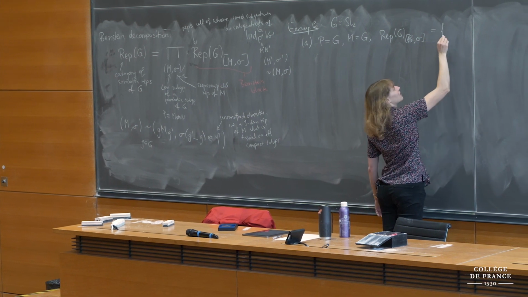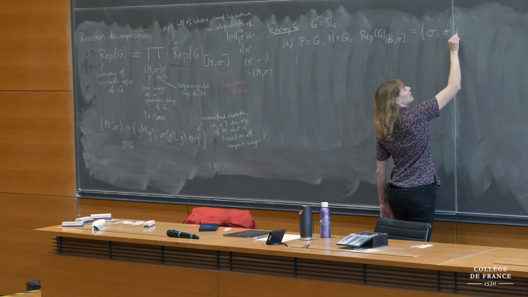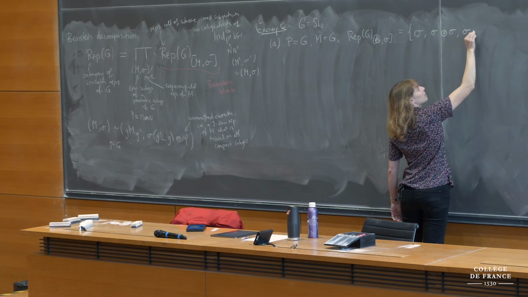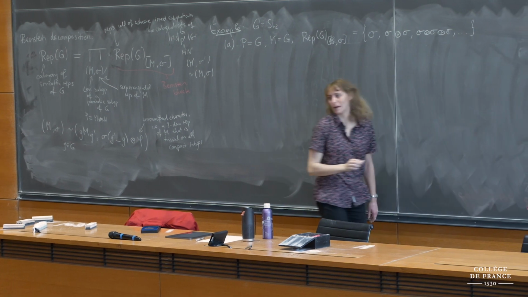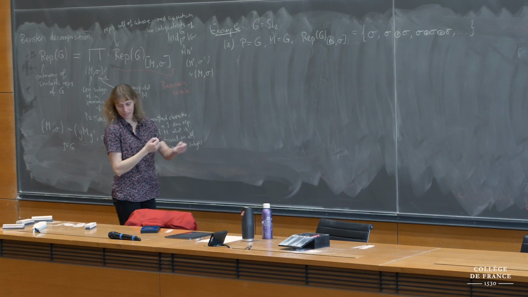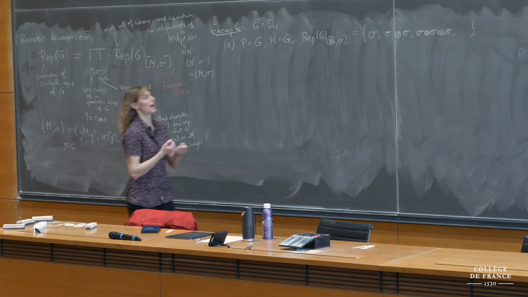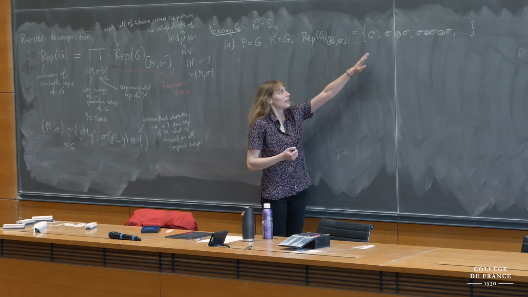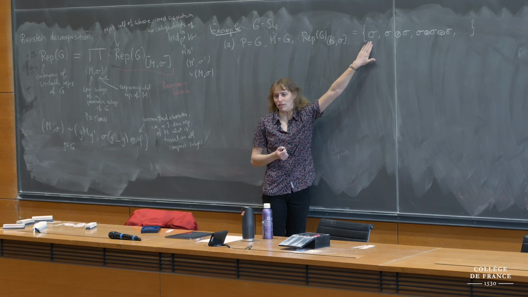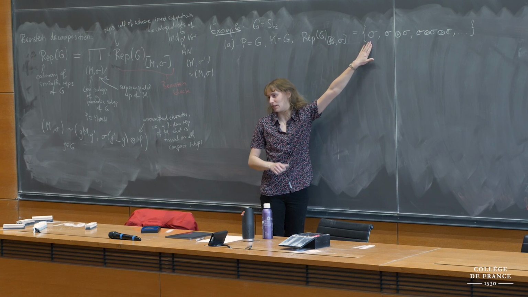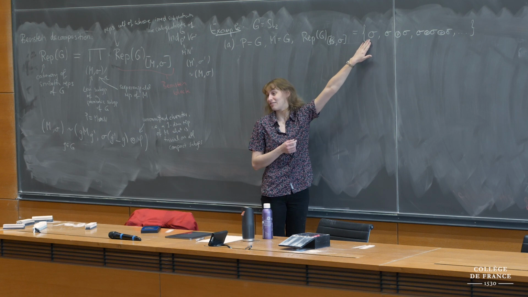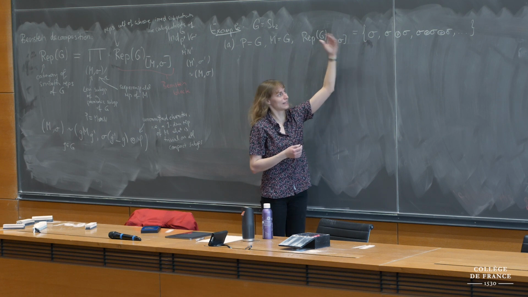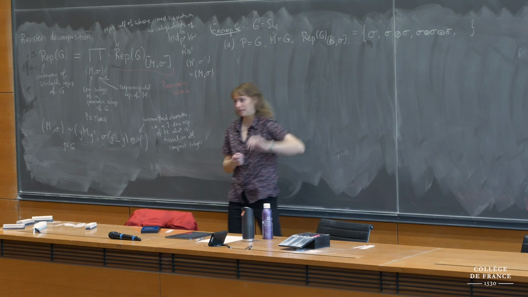All the objects in this block are just sigma, and sigma plus sigma, sigma plus sigma plus sigma, and arbitrary direct sums of sigma. So there are no interesting extensions of sigma with itself. So this is a rather nice and easy block, up to we still need to understand what sigma is. That will be the subject of what I'm going to speak about in a moment, to understand how we construct sigma. But once we construct sigma, this block is really easy to understand.